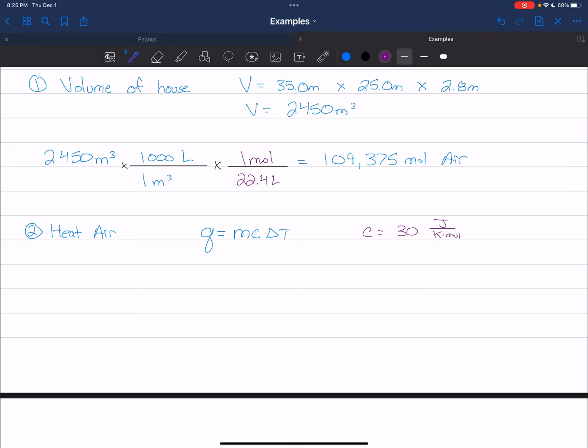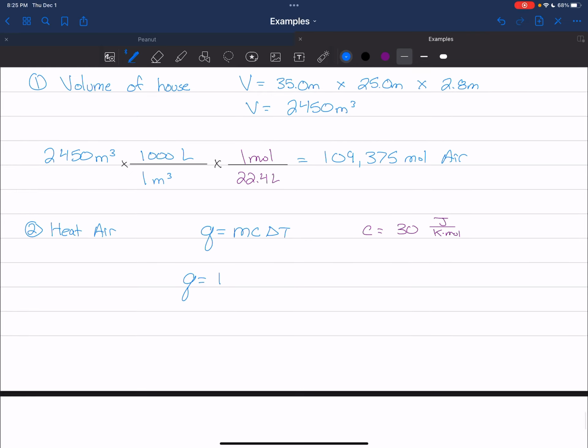All right, so Q is equal to, in this case, 109,375 moles of air. Gives us C of 30 joules per Kelvin mole. And delta T from the problem was 15 Kelvin, or 15 degrees Celsius.